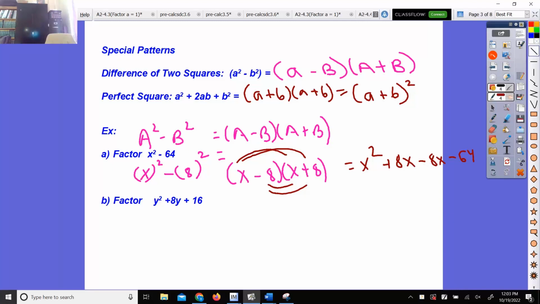So example B happens to be a perfect square. And kind of go with your gut on a lot of stuff. What's your gut say it takes to make a y squared? Y times y. What's your gut say about 16? 4 and 4. It's plus plus here, it's plus plus there.